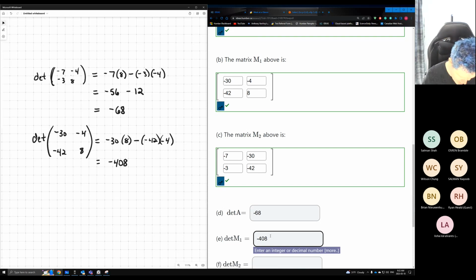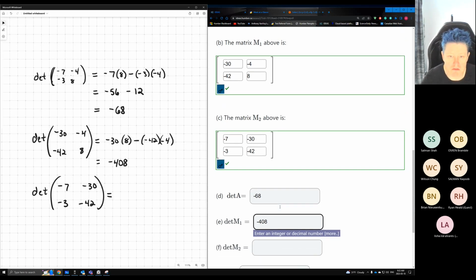And finally, we need to find the determinant of M2. Again, I'm going to use the calculator here because this one's a bit arithmetically complicated.